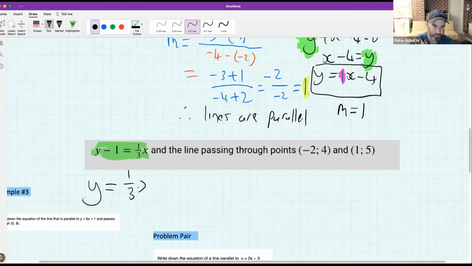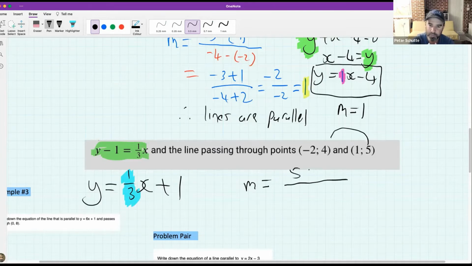Totally. It feels like I should put that in the bank first. I've got 1 mark in the bag. Let's get the easy stuff done. 5 minus 4, and then we're going to get 3.